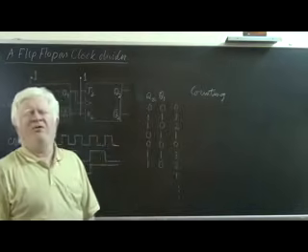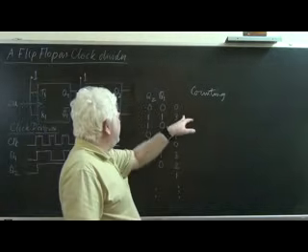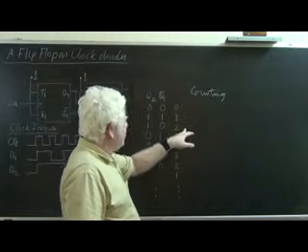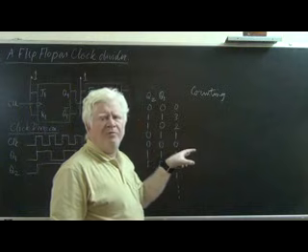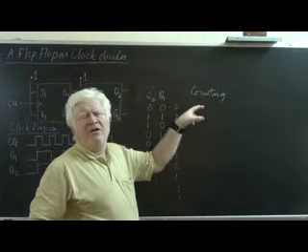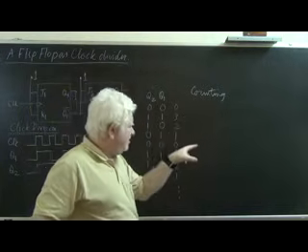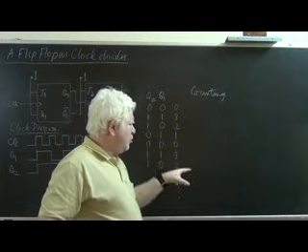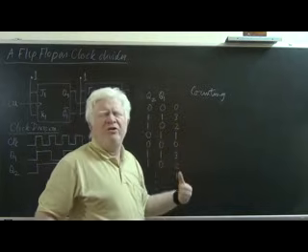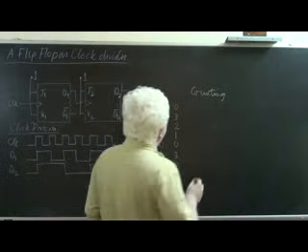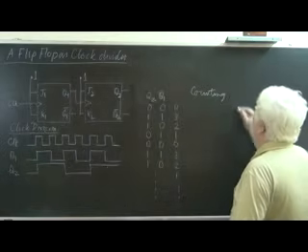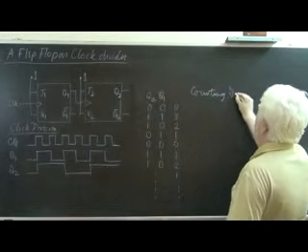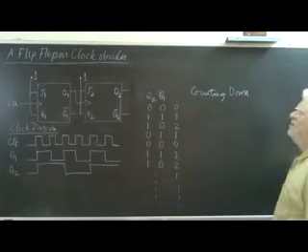But it is counting backwards, because it starts at 3, goes to 2, then goes to 1, then goes to 0, and then loops back to the maximum value, which is 3, again goes down to 2, goes down to 1, goes down to 0. So this counting is what is called counting down. This is down counting.